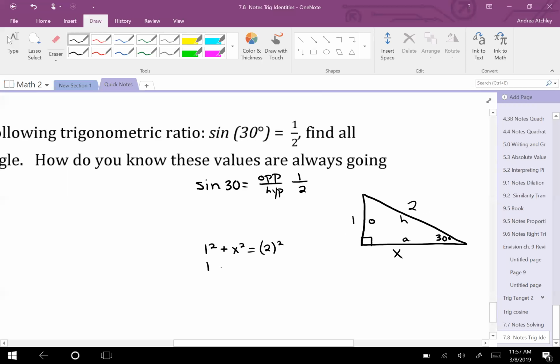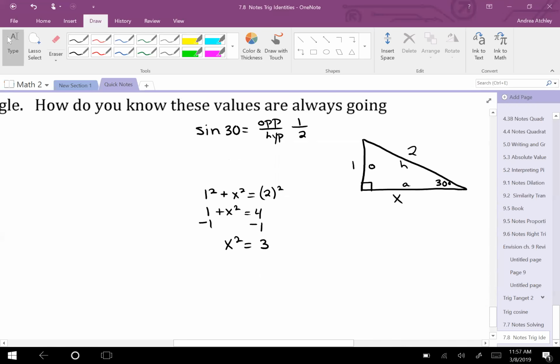So 1 squared is 1 plus x squared equals 4. I subtract 1, and I get x squared equals 3. I take the square root of 3. So x is going to equal the square root of 3.